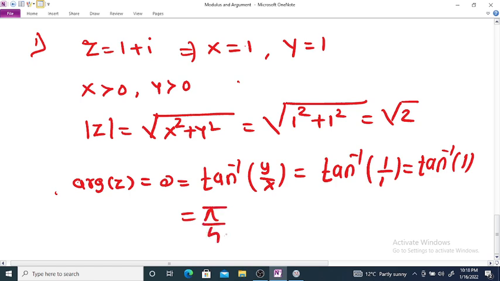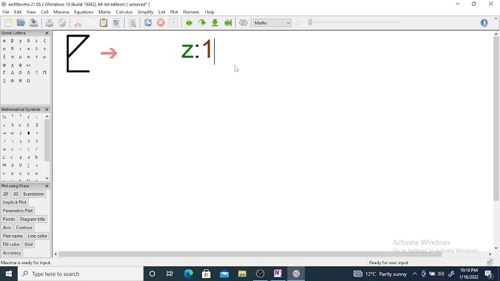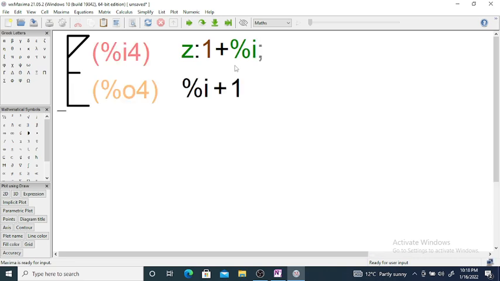You can also calculate the modulus and argument using Maxima software. Say z is equal to 1 plus i, the given complex number.